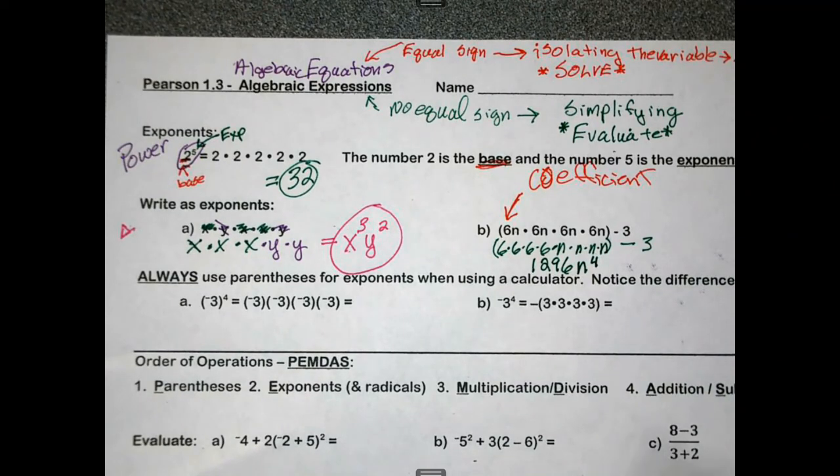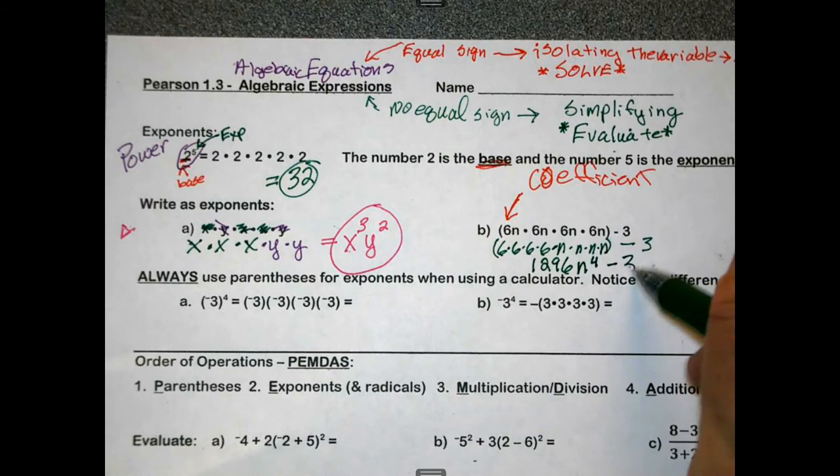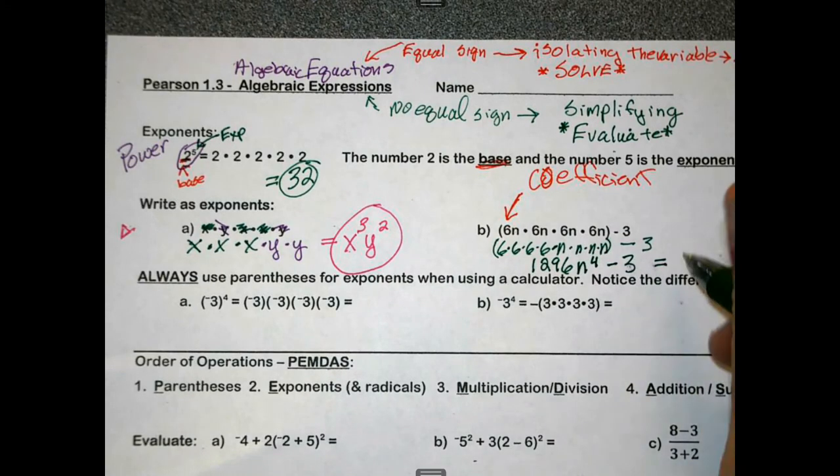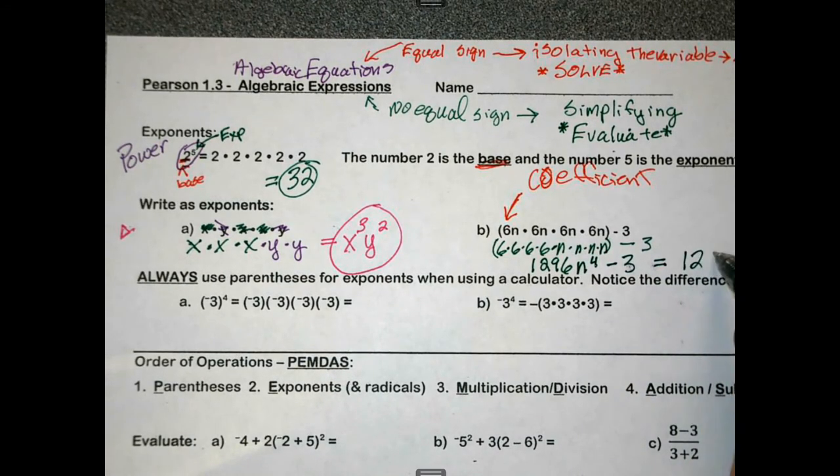Now I can put my minus 3 there. And if I take 1296 minus 3, I get 1293 n to the 3rd, or 4th, right? We good with that? Everybody like it?